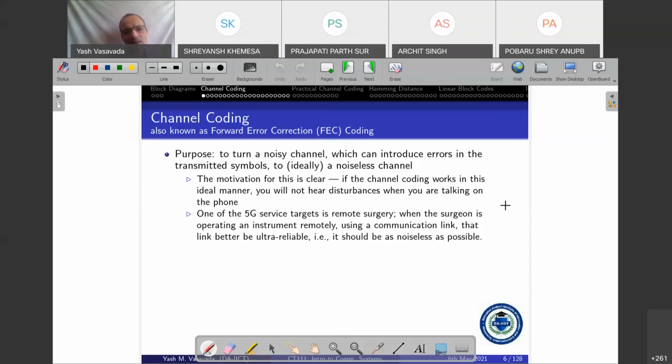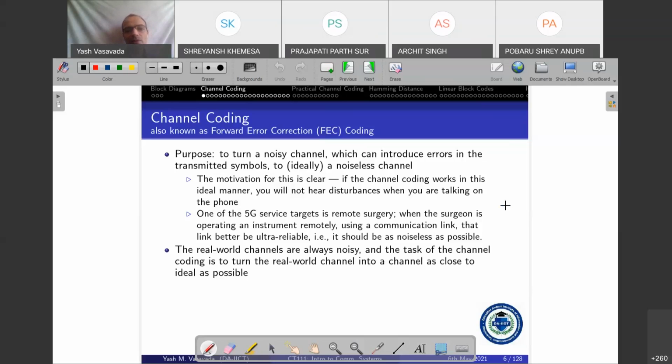So in the 5G service, there is a part of service which is called ultra reliable service, UR, short for ultra reliable. And that reliability, meaning turning a noisy channel into effectively a noiseless channel, is something that channel coding can do.